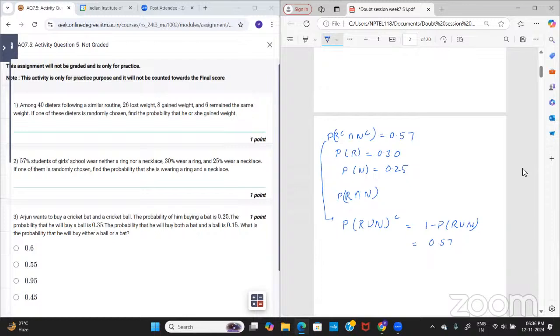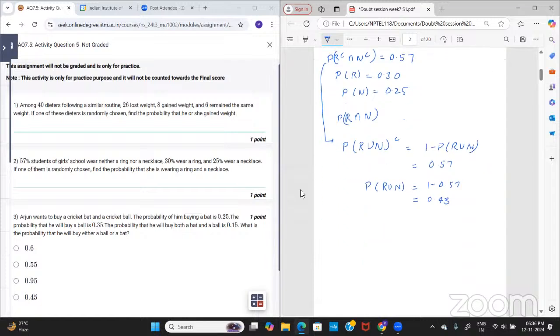So the probability of R union N will be 1 minus 0.57, which equals 0.43.